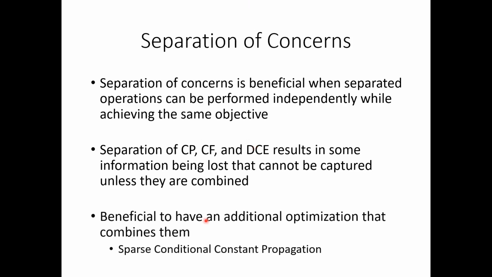So it's beneficial to have an optimization that combines these 3 into a single optimization. And this optimization is called sparse conditional constant propagation. And we will be covering this optimization next time.